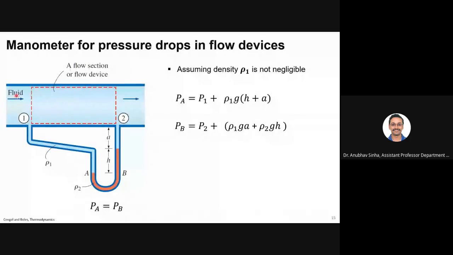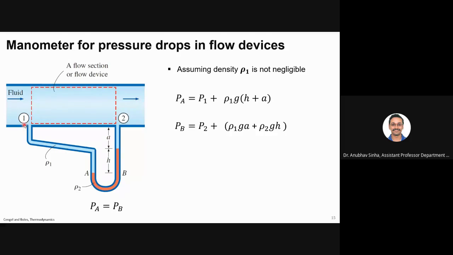Sir, this liquid is flowing or it is static? So this liquid is flowing. Okay, we are talking about static pressure. There is something called dynamic pressure, which is more relevant for flowing fluid, but here we are only concerned with static pressure.